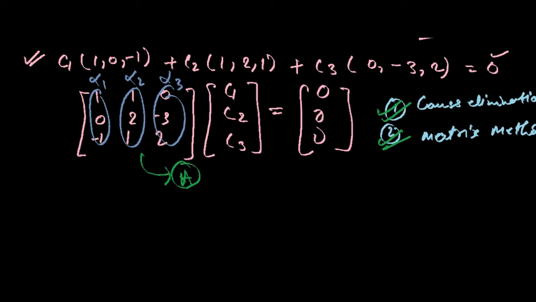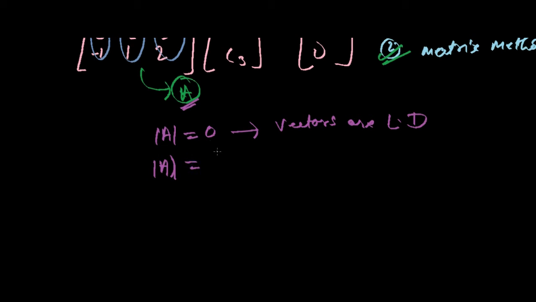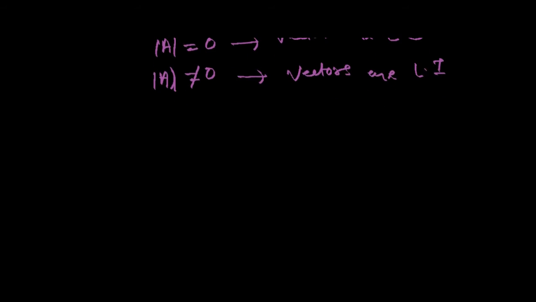These vectors alpha 1, alpha 2 and alpha 3 will be linearly independent when the determinant is non-zero. If the determinant of the matrix is equal to 0, it means that the vectors are linearly dependent, right? And if we find the determinant of matrix A to be non-zero, then we can say that the vectors are linearly independent, right? So let's find the determinant of matrix A.